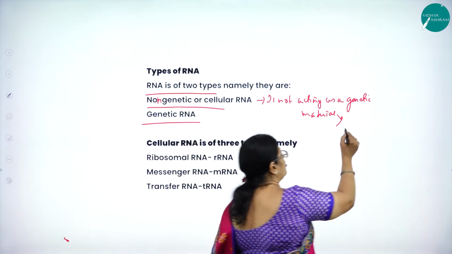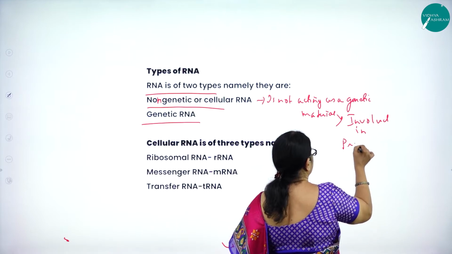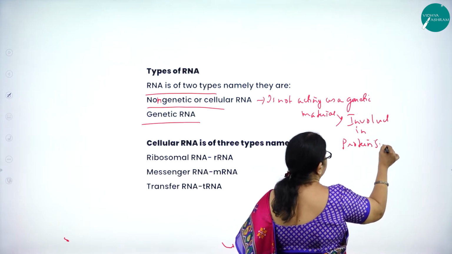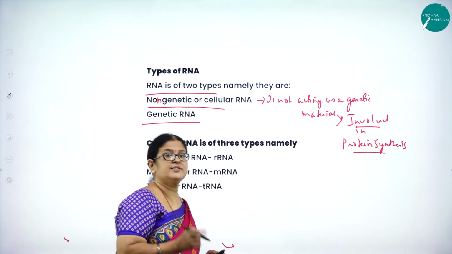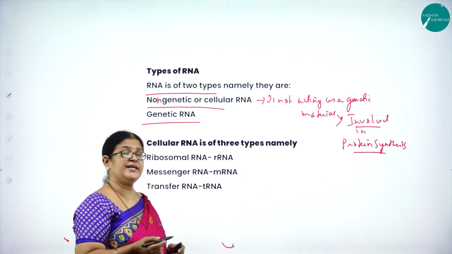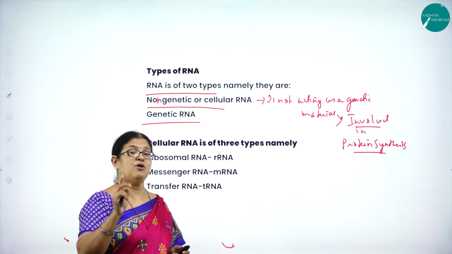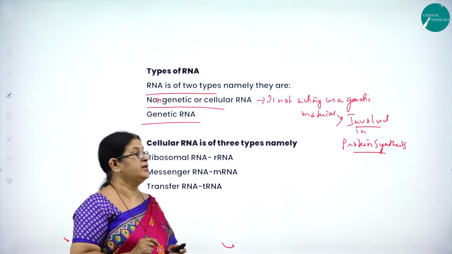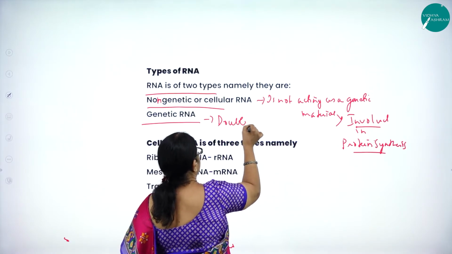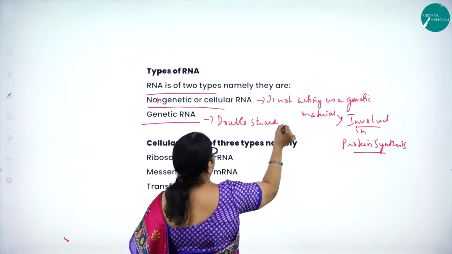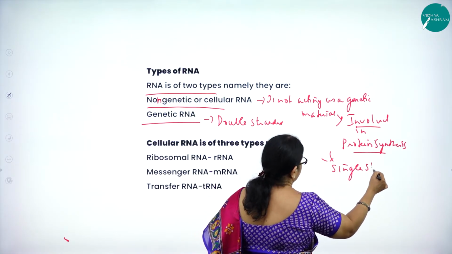It is mainly involved in protein synthesis. Then genetic RNA is acting as genetic material. When it is acting as non-genetic RNA, it will always be single-stranded, whereas when it is acting as genetic RNA, it will be double-stranded.